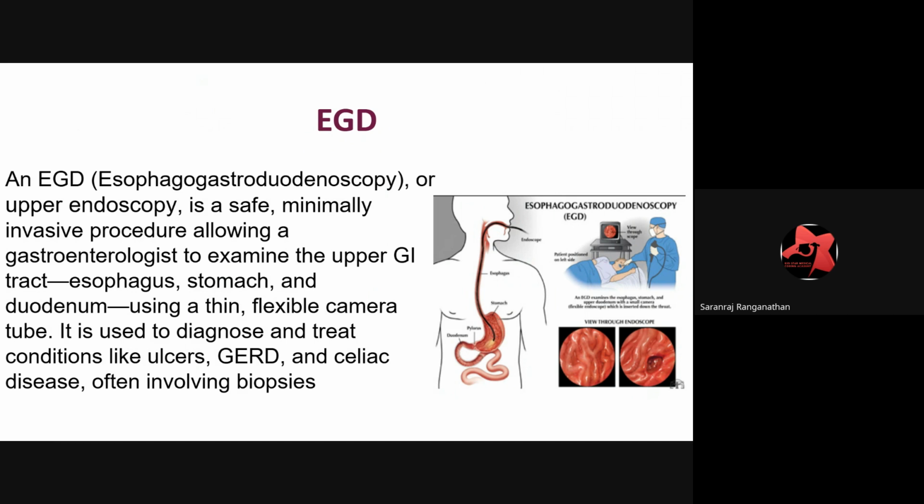If in case there are any infections or inflammations or any ulcers, they will check by this method and take the image, and they can do the biopsies as well. And some other procedures also they can use this scopy.